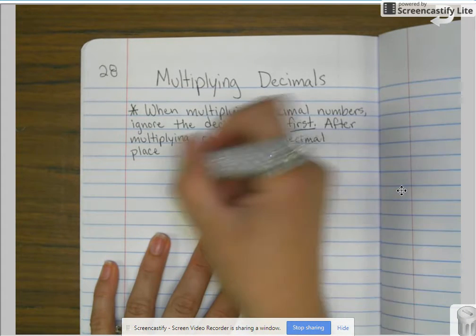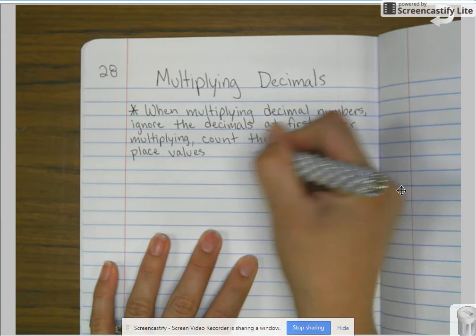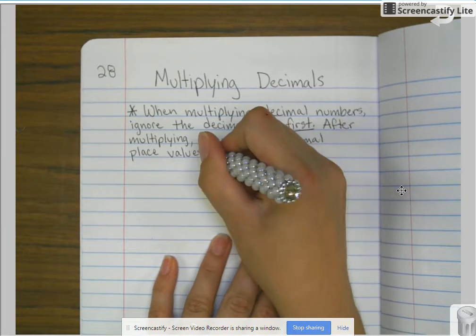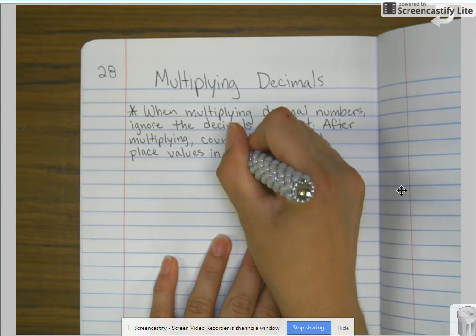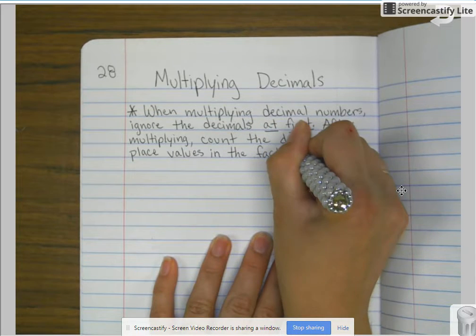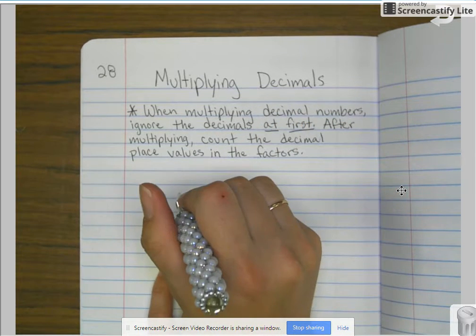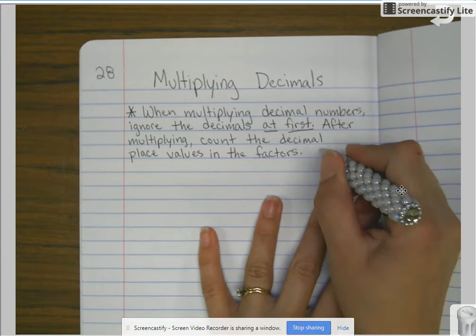So count the decimal place values in the factors. Now the factors are what you multiplied together. Okay, your answer will have the total number of decimal places.